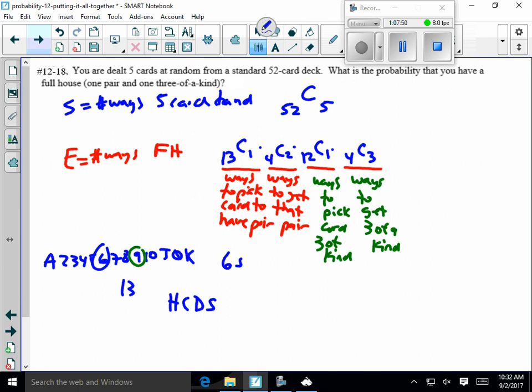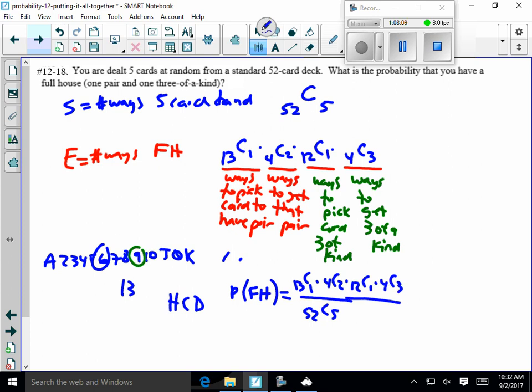So it turns out that the probability of getting a full house, just when you're dealt initially 5 cards, is, out of 52 choose 5 ways, 13 choose 1 times 4 choose 2 times 12 choose 1 times 4 choose 3. There's that many hands which are full houses.